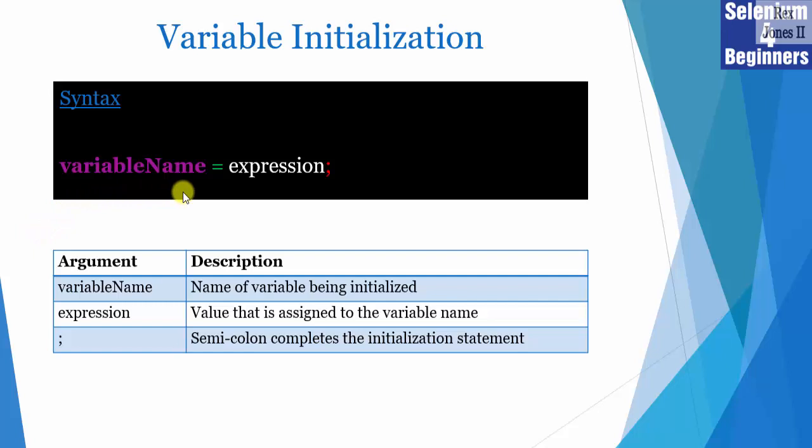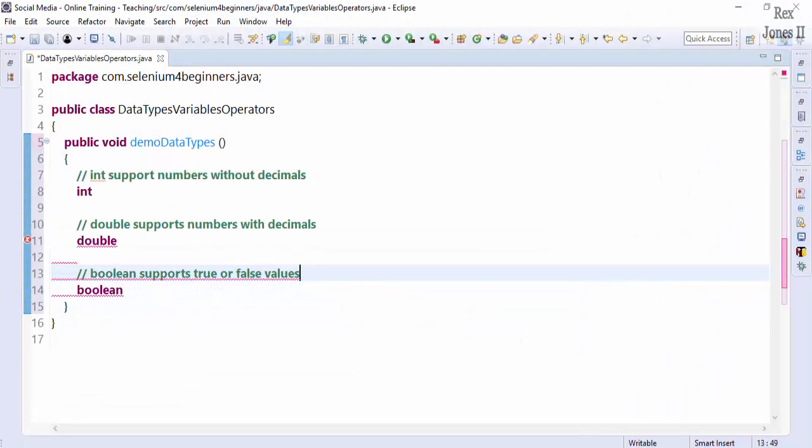The left side displays a variable name, while the right side displays an expression. An expression is a value assigned to a variable name. Let's go back to Eclipse and demo variables. I am going to add variables to the method name.